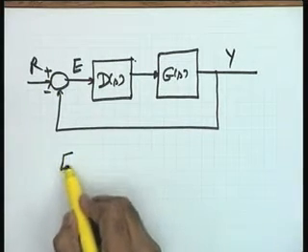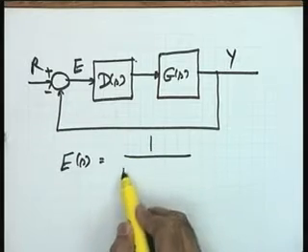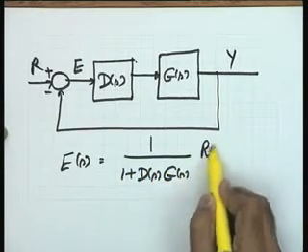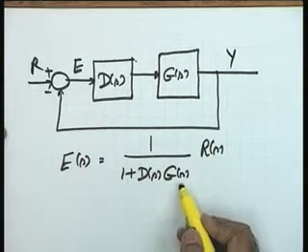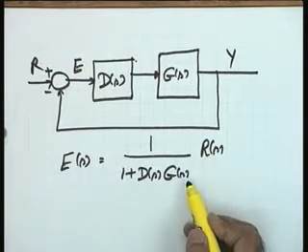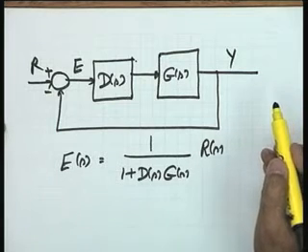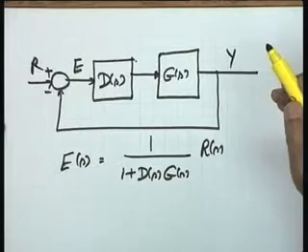You know that E(s) is equal to 1 over 1 plus D(s)G(s) into R(s). You will note that now the G(s) in the relation we have used earlier is being replaced by D(s)G(s), because the total forward path transfer function, or the total open loop transfer function of the unity feedback system, is D(s)G(s).